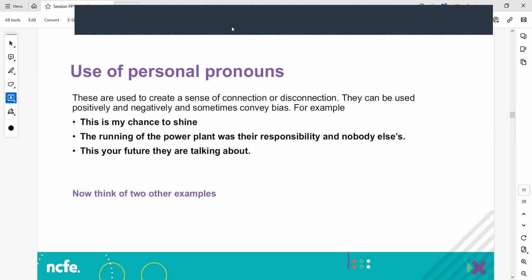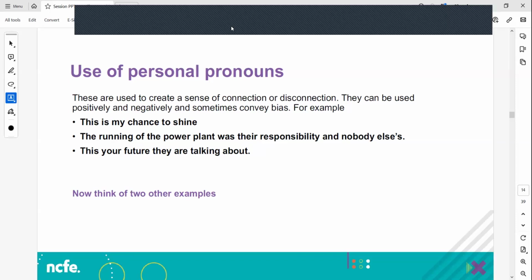This is my chance to shine. Okay, so we've got the personal pronoun my in there. But if we look at the next sentence, the personal pronoun has been used in a negative way. The running of the power plant was their responsibility and nobody else's.